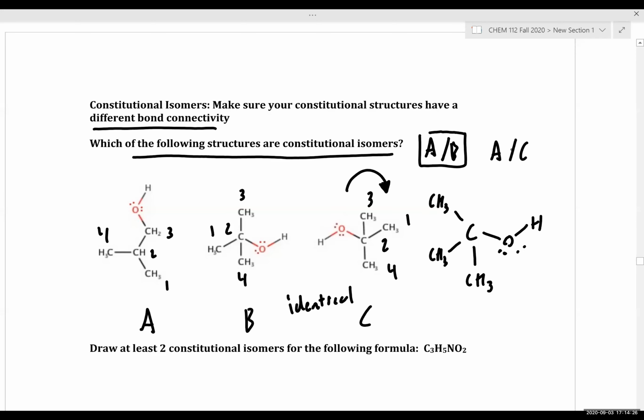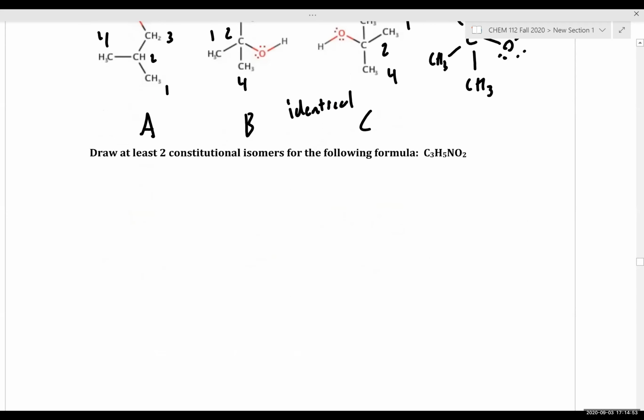You can also just as easily say A and C are constitutional isomers because they have the same formula, but a different connectivity of atoms. Does that make sense? Any questions on this idea? If not, let's do some practice.